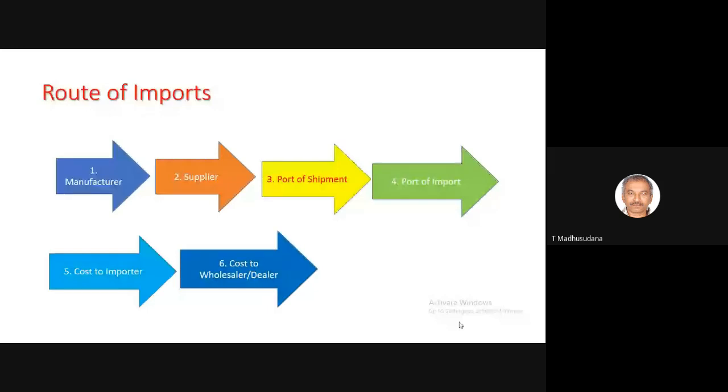So internationally we have imported goods. We have imported goods from America, and domestically we are selling to the wholesalers or dealers. Next, wholesalers or dealers sell goods to the retailer or consumer. So these are the various stages or route map of imports.